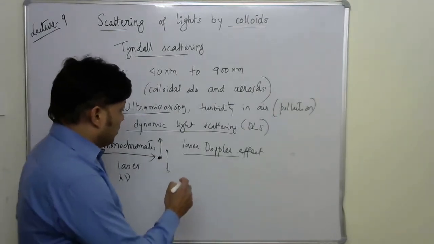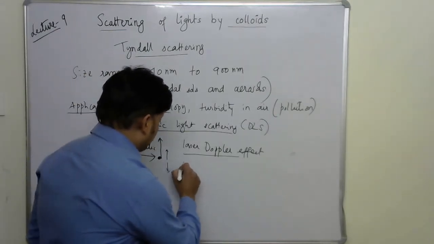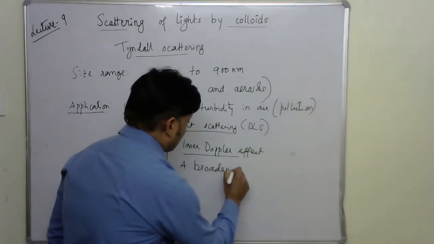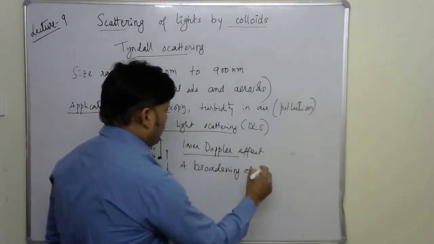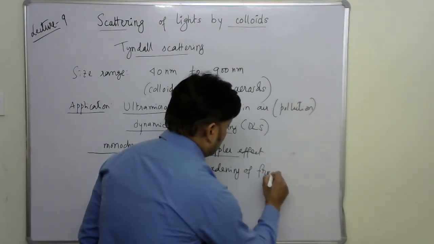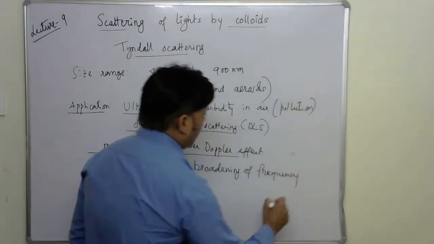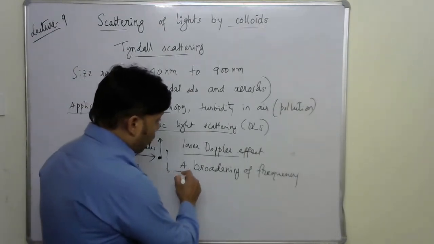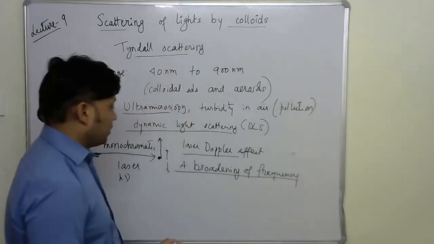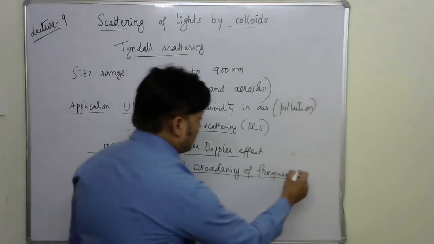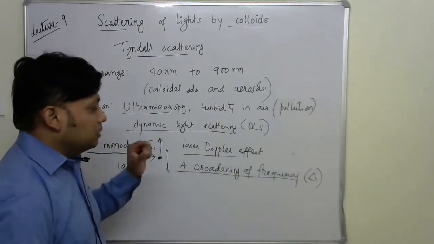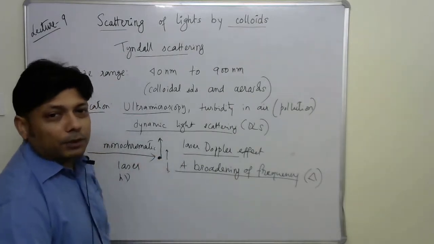So a broadening of frequency due to the Doppler effect is observed. This broadening, which can be referred to as delta, is dependent on the particle diameter.